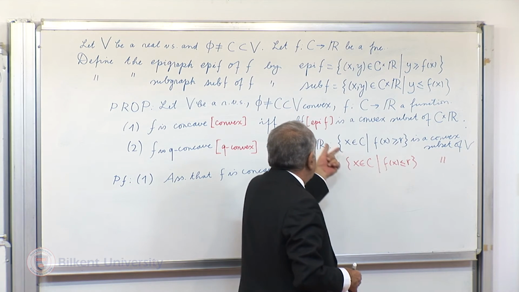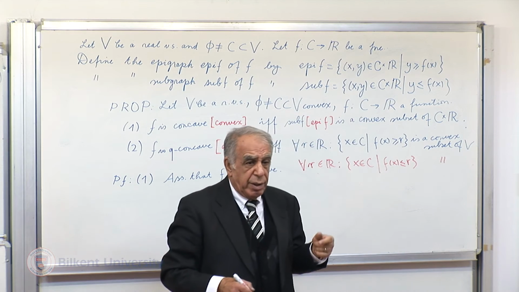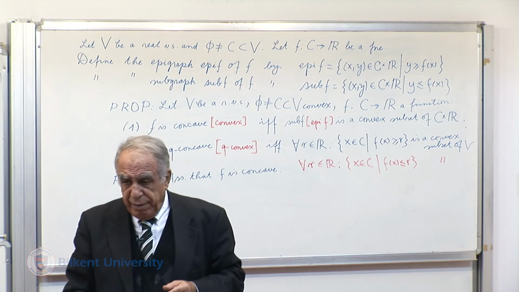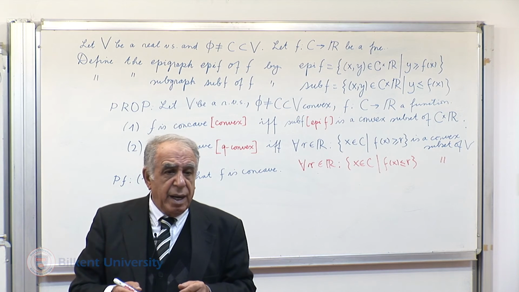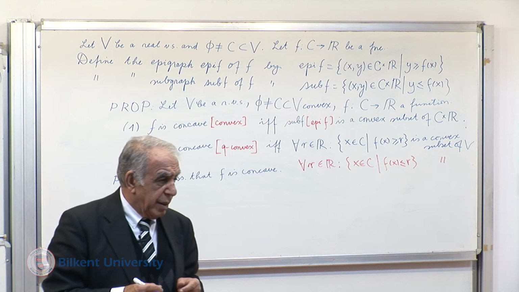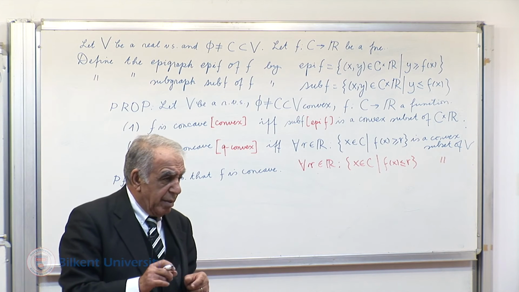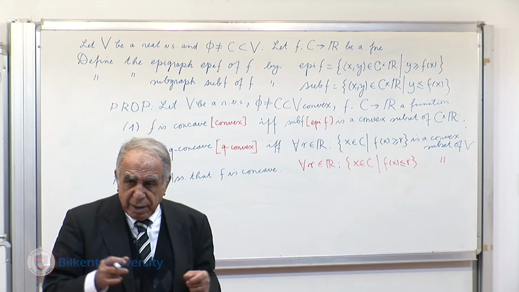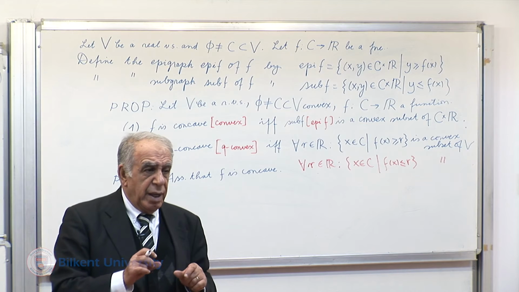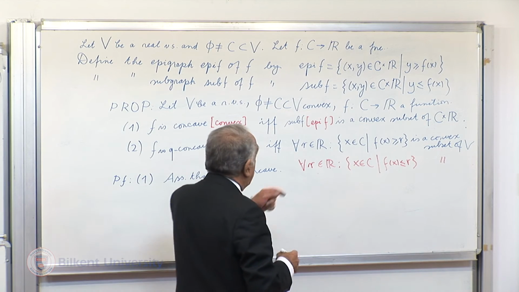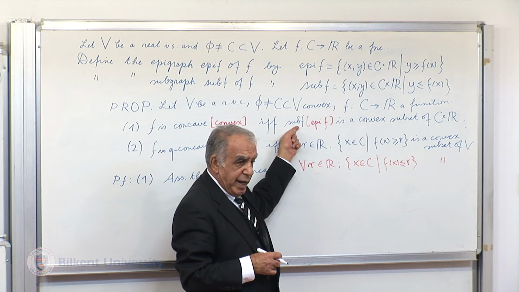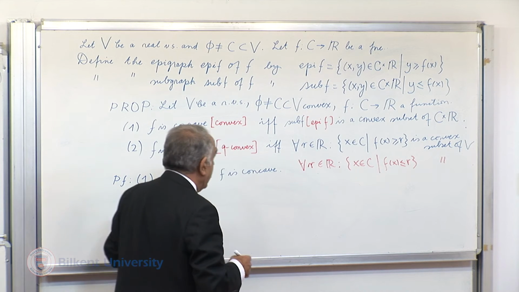So what we'll do is we'll take 2 points in the subgraph of f and some lambda. We'll take their convex combination with lambda and 1 minus lambda being the coefficients and show that the resulting convex combination belongs to the subgraph again. Okay?